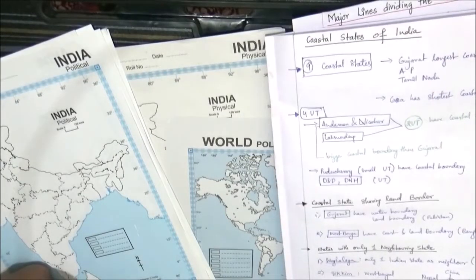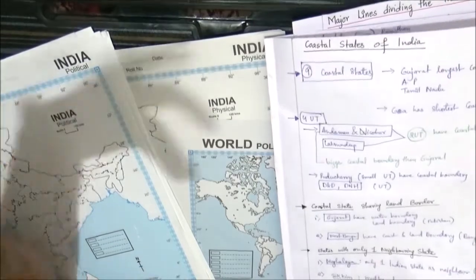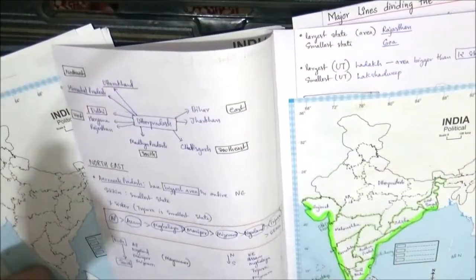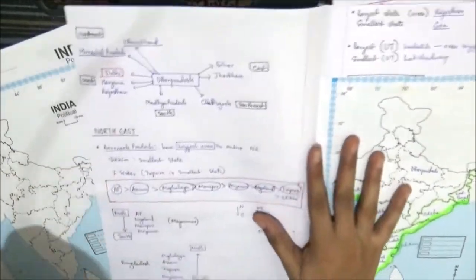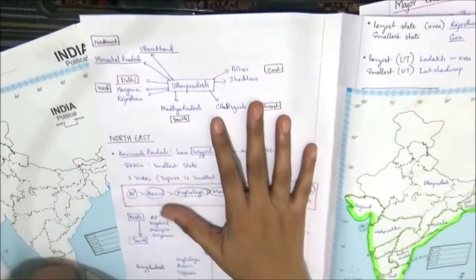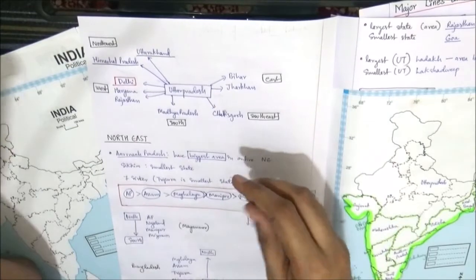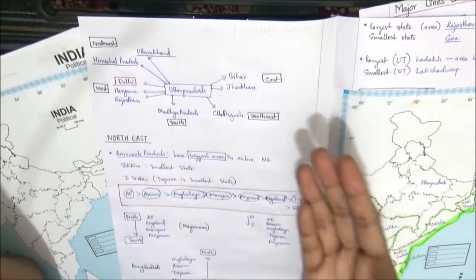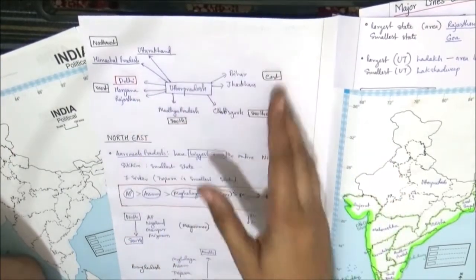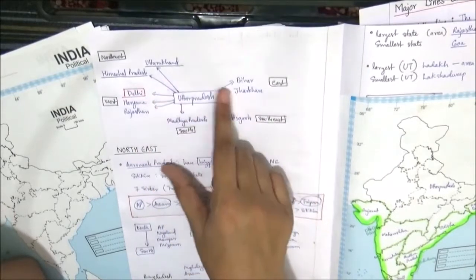One more thing I would like to share: when we are practicing maps, we can draw the diagrams, but if we want to show how many states are connecting, or there is a question regarding which countries are surrounding, we can also try this kind of diagram.